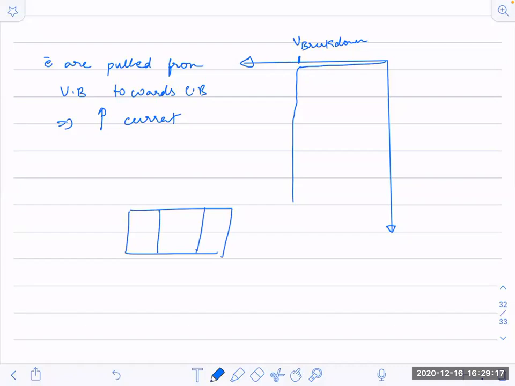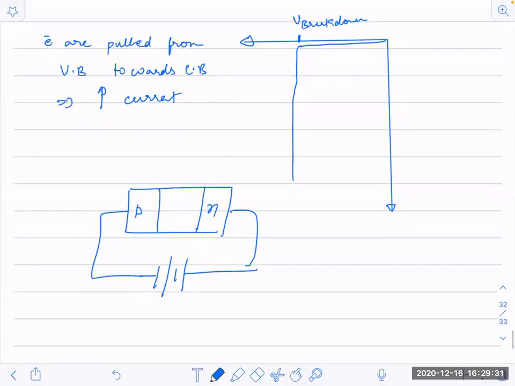In the Zener diode, when it was acting in reverse bias, suppose this is P type, this is N type, and it is connected in this way. Now, what is happening here? Suppose in this bond, this is a hole and this is an electron.